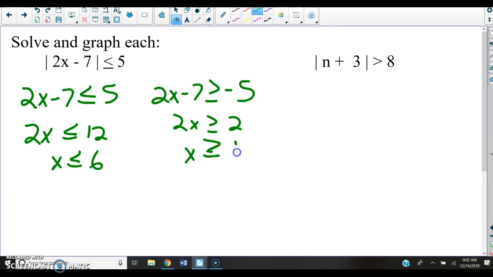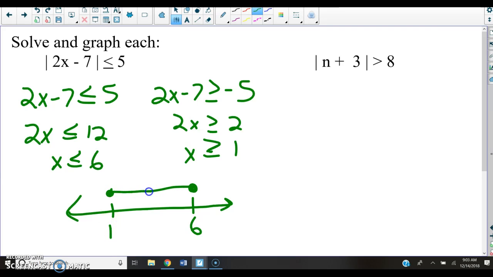Sorry. And if we take a look at that, less than 6, greater than 1, it's an and problem. We could write this as 1 is less than or equal to x, which is less than or equal to 6. And actually, I just said that wrong. x is greater than or equal to 1, and x is less than or equal to 6.